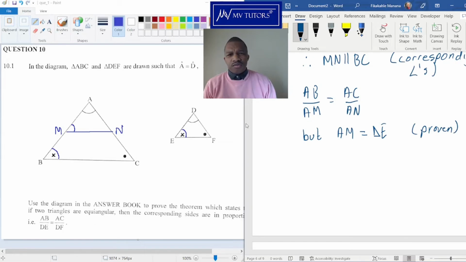And also AN is equal to DF. I'll say proven again. Therefore, we're going to substitute where we have AM, we'll put DE. So AB over AM.